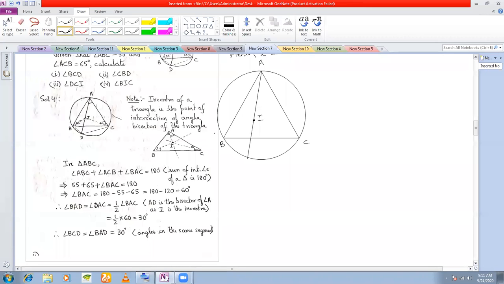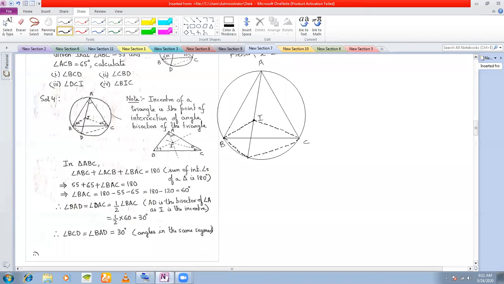And can anyone tell me what is an in center? I've explained in center here.